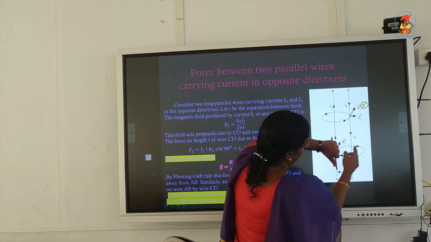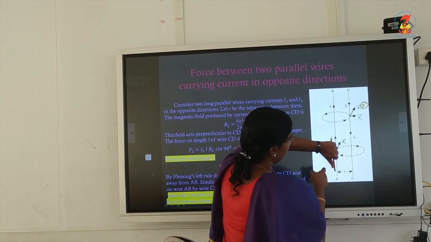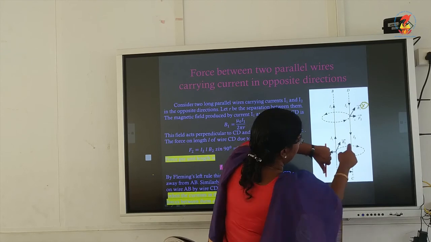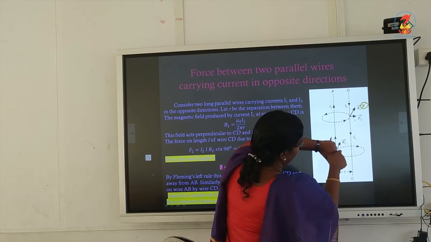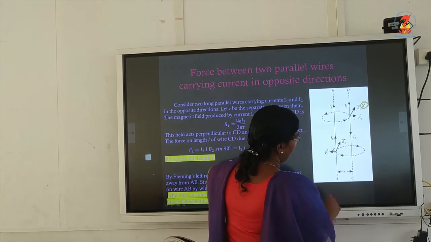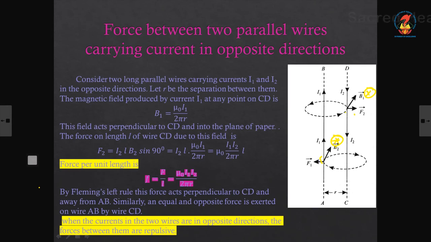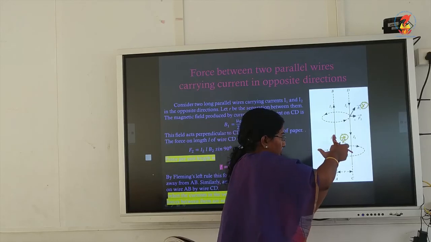Again, using Fleming's left hand rule, current is in the upward direction, field is going into the board.